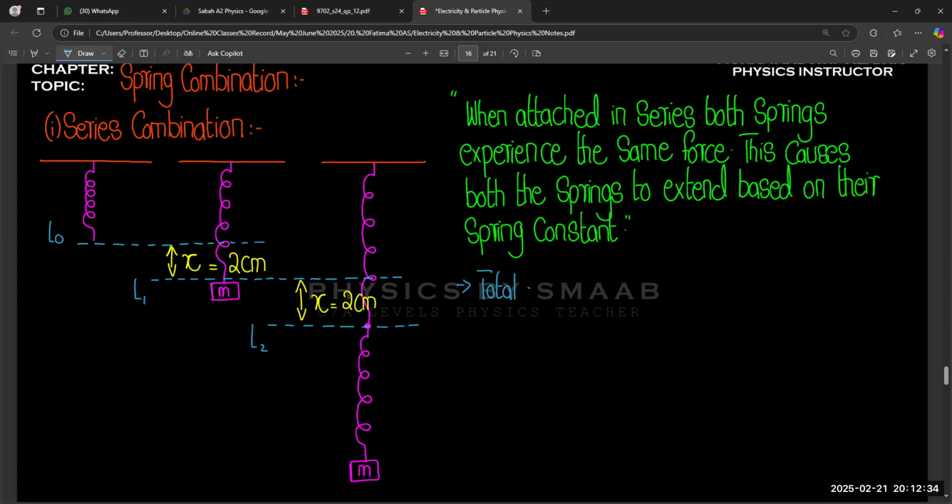So the total extension of the combination increases.